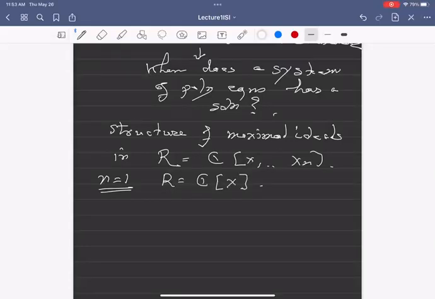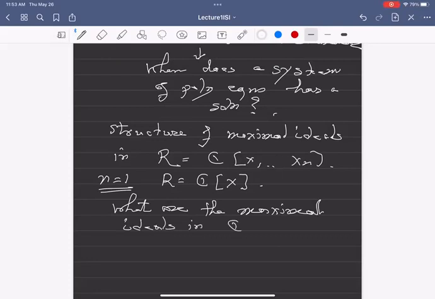Can anybody tell me what the maximal ideals are in this ring? Generated by linear polynomials. Who is talking? Sakshi. Yeah, what are the maximal ideals? Ideals generated by linear polynomials of the form x minus a_i.